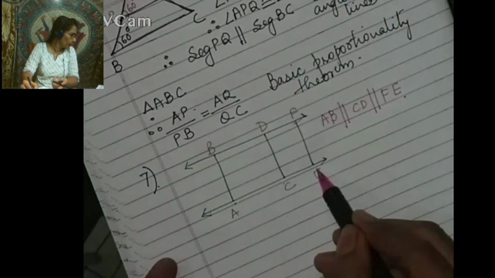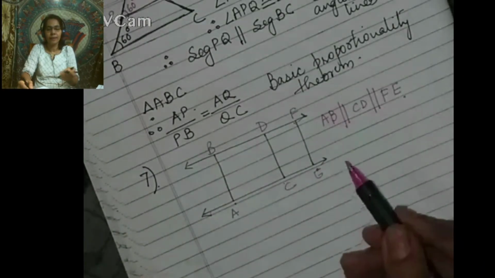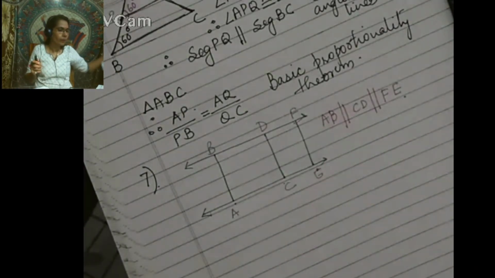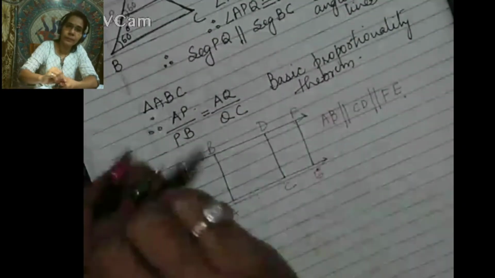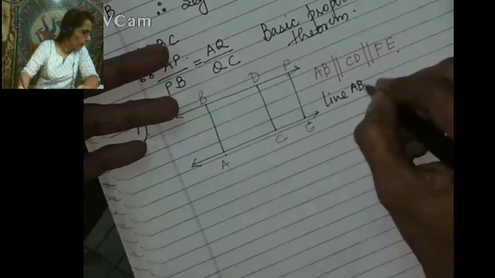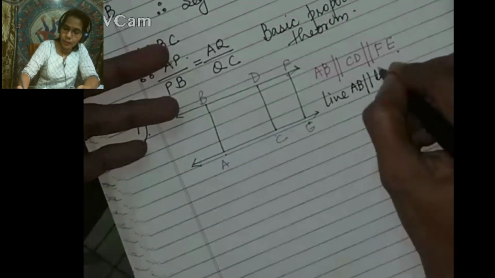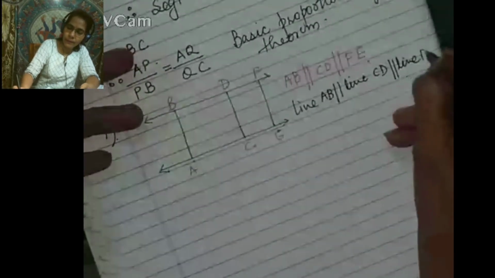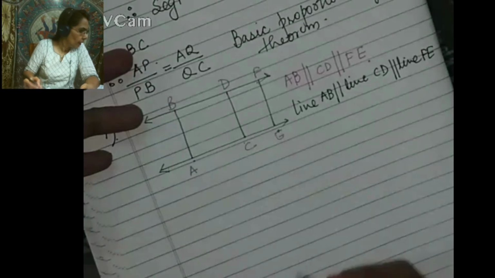Now what are we using over here? We are using the property of three parallel lines. Line AB is parallel to line CD is parallel to line FE.